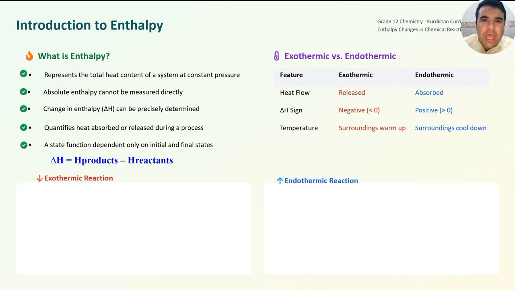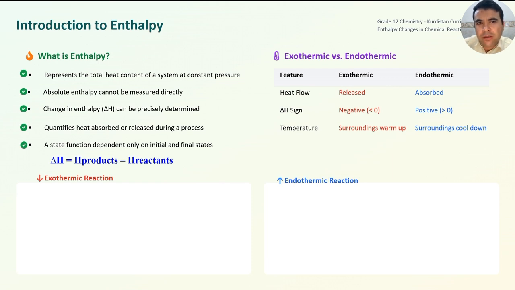Of course, the enthalpy in reactions refers to any changes, whether physical or chemical reactions in chemistry. When there is a process, there will be a change in the heat of the reaction.